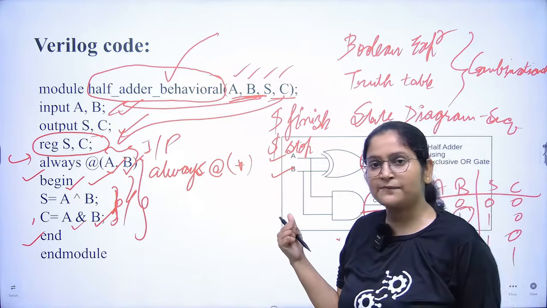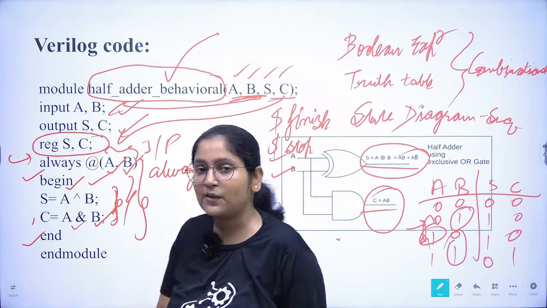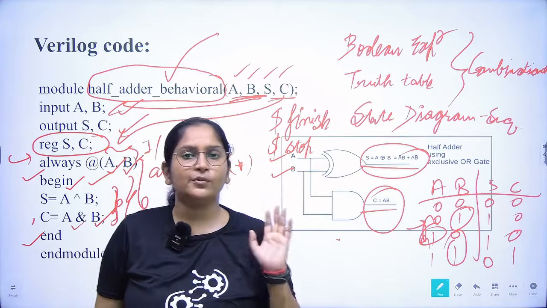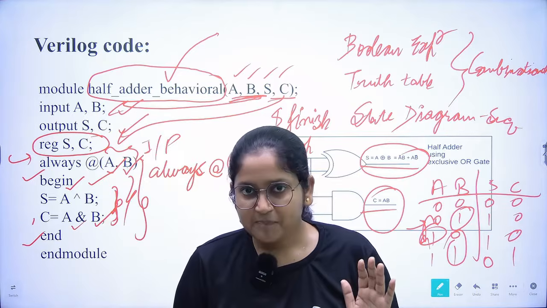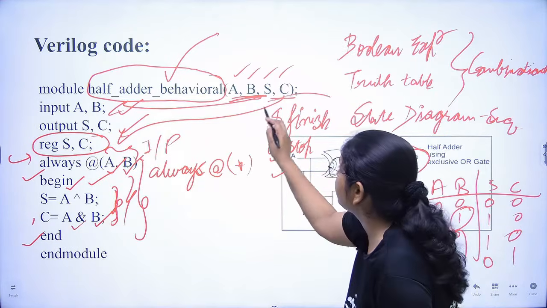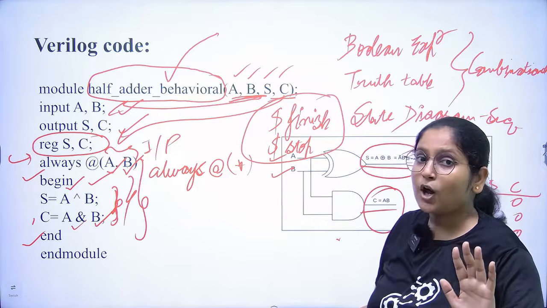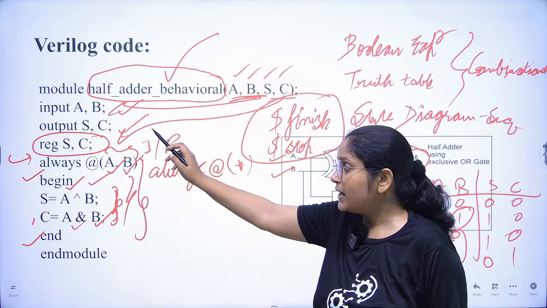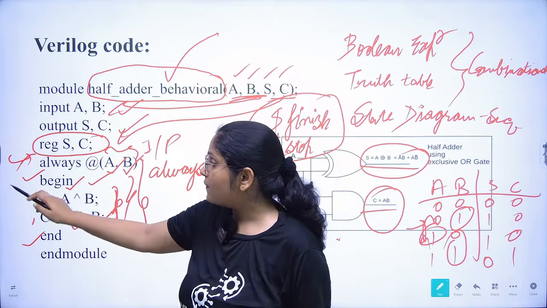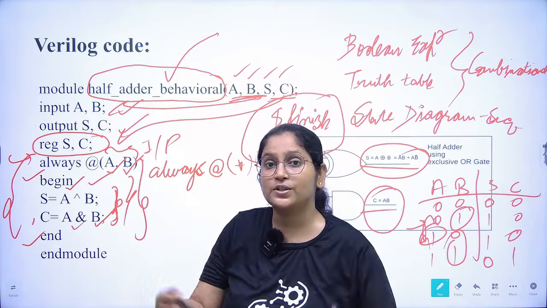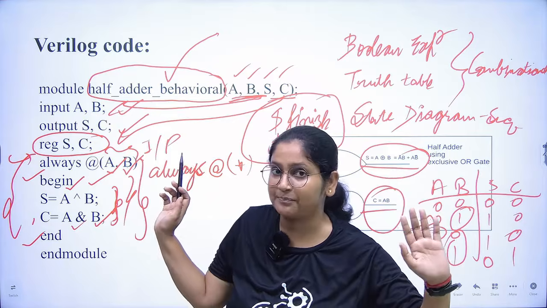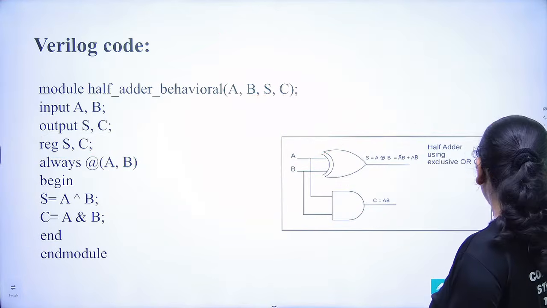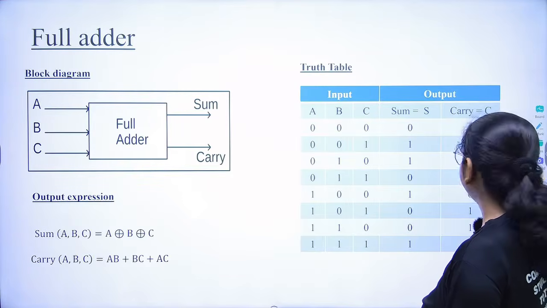These are system functions which we will give in order to stop our simulation at any point of time we want. This we will also discuss in a separate topic. For now, understand that whenever there is a change in A and B, it's going to execute, and the always block has the property that it executes for indefinite time, but you can stop it. You have a stop signal also.